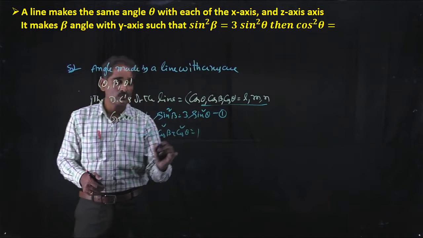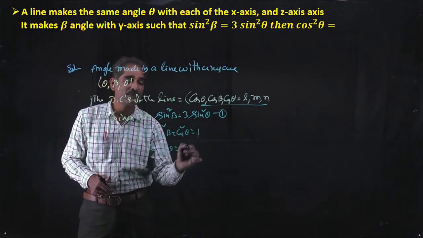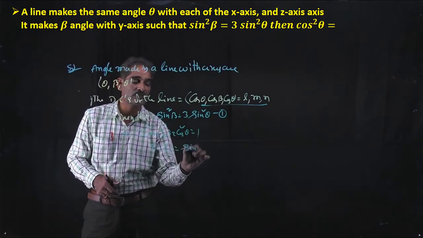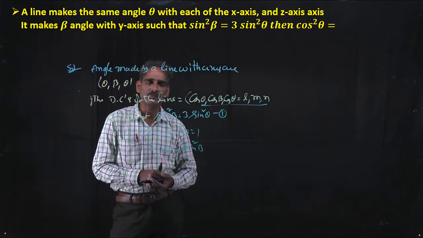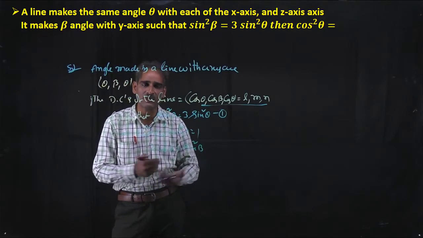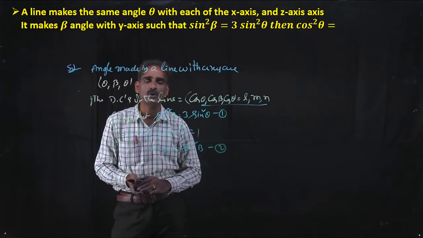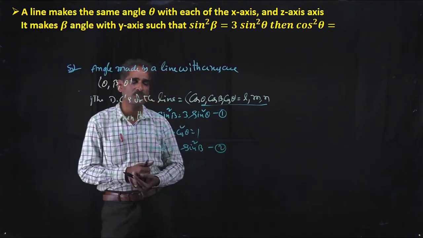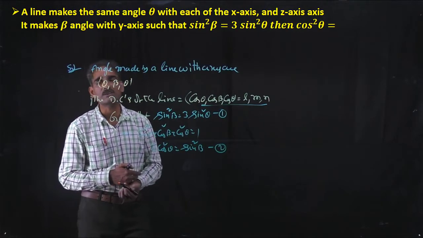Now 2 cos square theta is equal to 1 minus cos square beta, which is sin square beta. Here we have to find out the cos square theta value. The unknown value is beta. We have to eliminate beta from both equations 1 and 2. If we eliminate beta from both equations, we will get an equation in terms of theta.